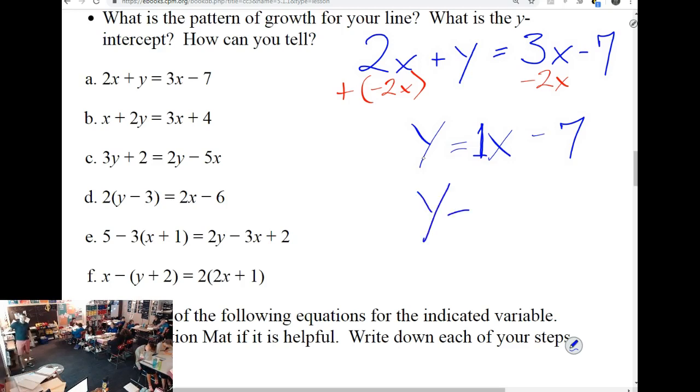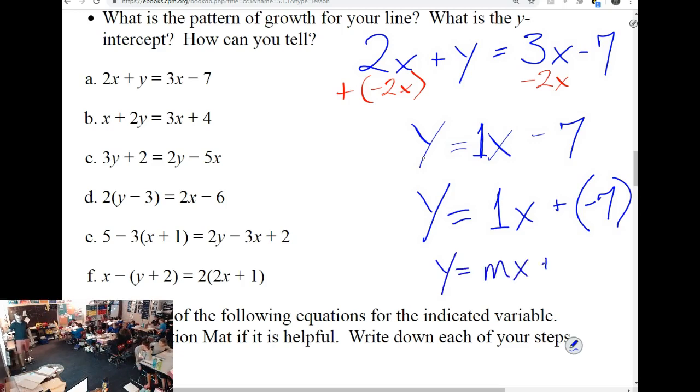Now, here's the one other option you have with writing this. You could put the 1 or not put the 1. And then we could even change this to addition: plus -7, because if I want it to be back in my nice y equals mx plus b looking form, I'm used to this being addition, right?